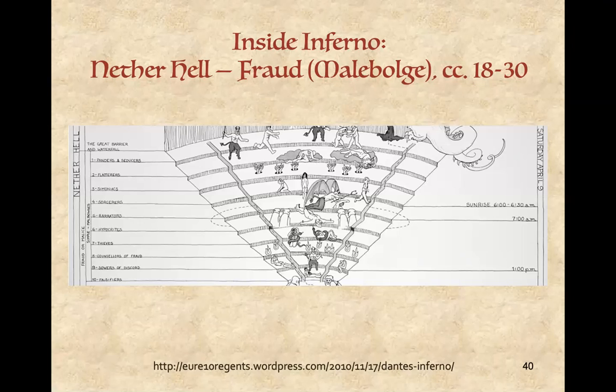And the larger part of the poem focuses on violence first and then fraud. And again, as I said before, this is really how we understand that this journey into the beyond of hell is a journey into the depths of the human psyche.